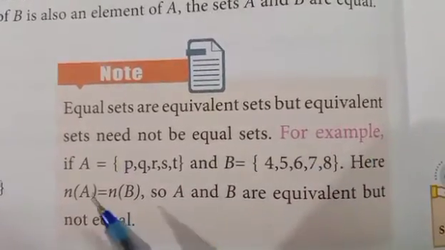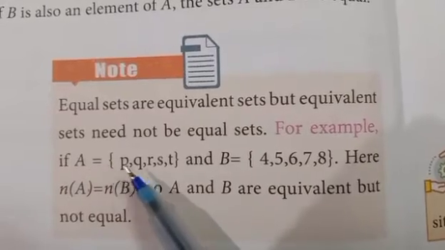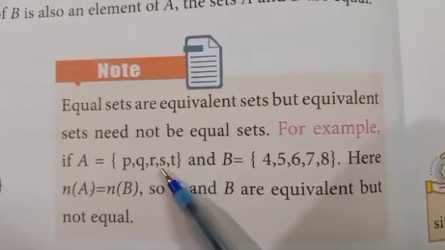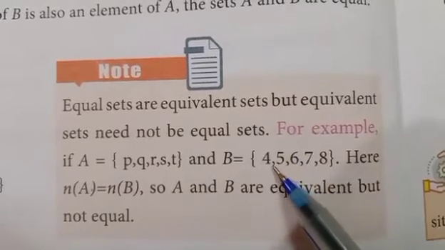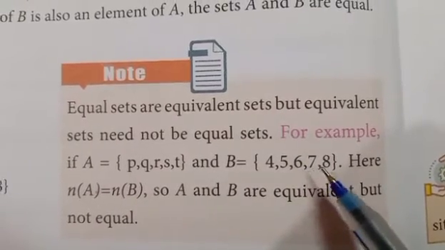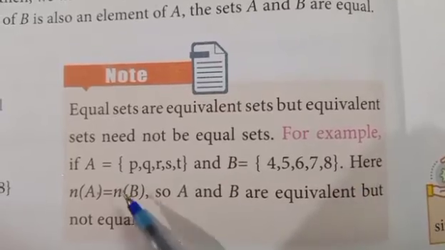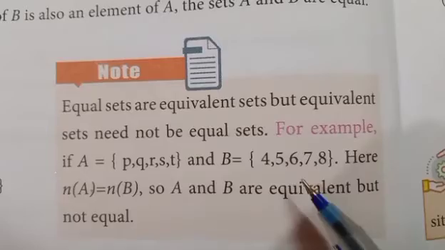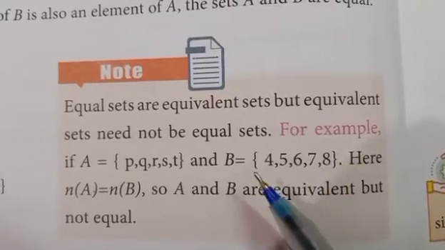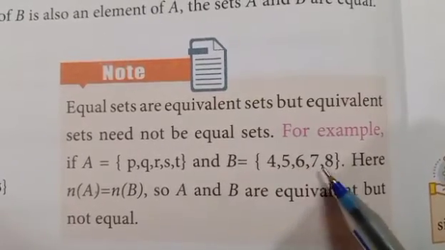For example, consider set A is equal to {P, Q, R, S, T} and B is equal to the set of all {4, 5, 6, 7, 8}. Here the number of elements in set A is 5, and n of B, the number of elements in set B, is 5.